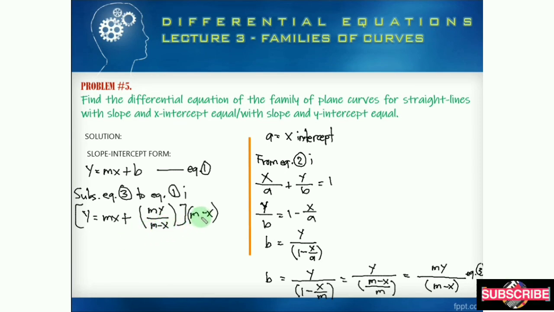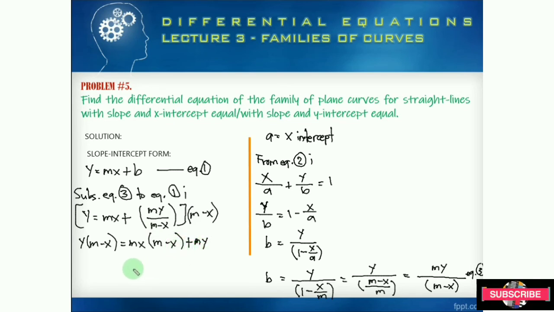So multiplying y with m minus x, we have y times m minus x equal to m minus x times mx, so we have mx times m minus x, plus we multiply this one with this, this one will be cancelled, so plus my.